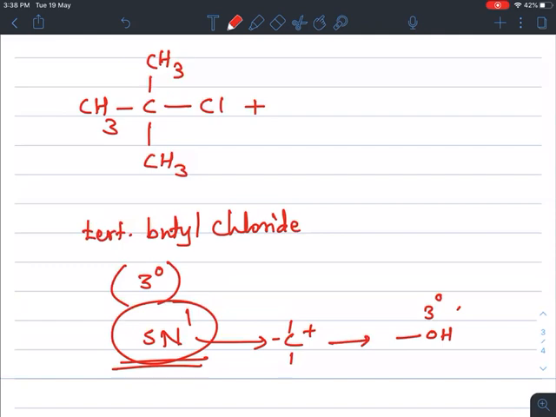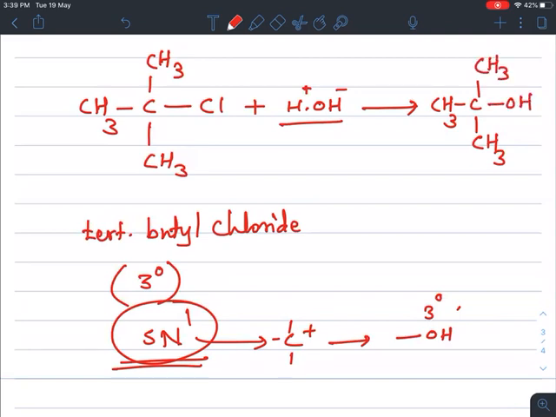When it is treated with polar protic solvent, that is H2O, that is enough to complete this reaction. So the tertiary butyl group is as it is, and Cl is replaced by OH, and the byproduct is HCl.